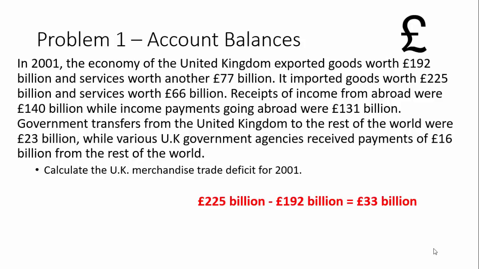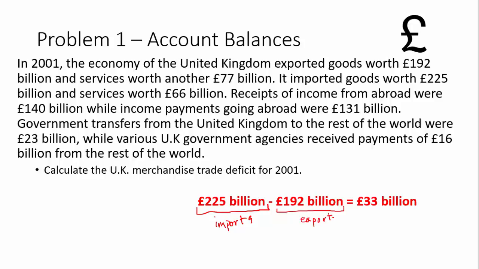That gives us a total of 33 billion. That's actually a deficit, because the 225 billion are our imports, I'm sorry. These are our imports, coming into the country, and these are our exports.